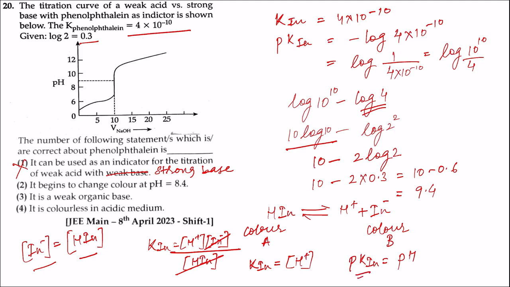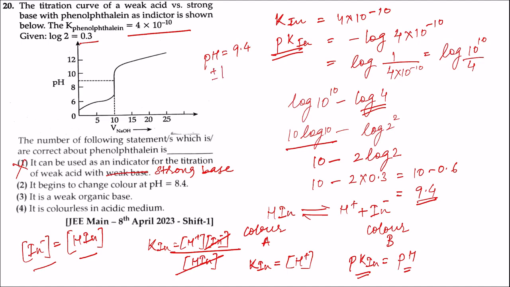So pK indicator will give the pH at which the color change may take place. तो यहाँ पे pK indicator की वैल्यू क्या आई है? pK indicator की वैल्यू आई है 9.4. So pH at which the color change may take place is 9.4, and the range will be plus minus 1.